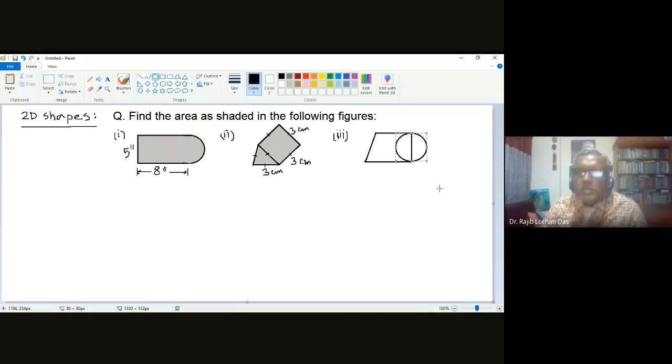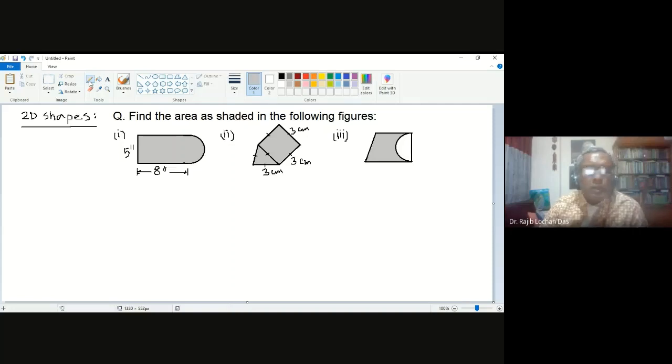In this case, I will take the inner one. I will take the shaded part as this side only.